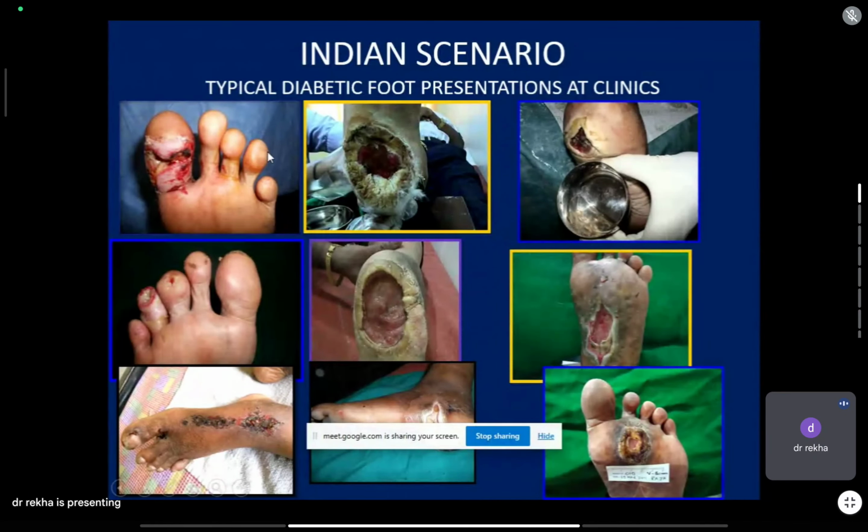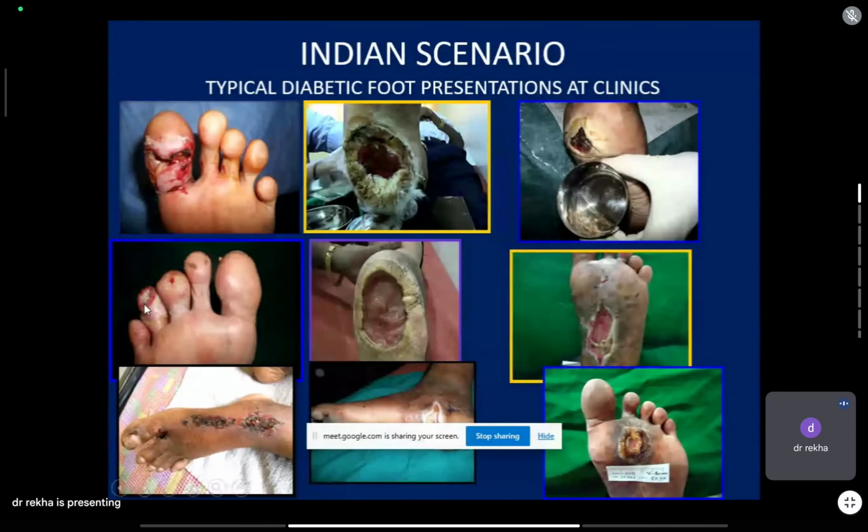These are our own clinic patients. There is an infected ulcer on the great toe. There is a non-healing ulcer for more than 5 years. This one and this is the second one, non-healing ulcers for more than 5 years. You can see in this spot there are maggots coming from the wound, and this is an ant bite.